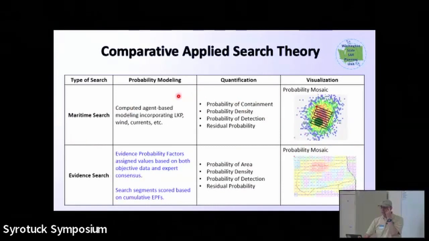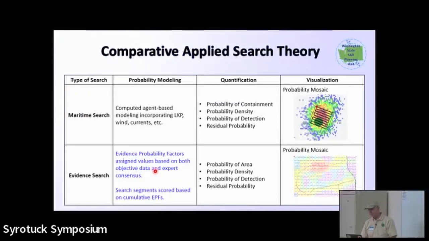Coast Guard uses agent-based modeling, incorporating the last known point and factors such as wind and current. Whereas in our model, we use the evidence probability factor approach and run that through a consensus process to derive relative values. Okay.